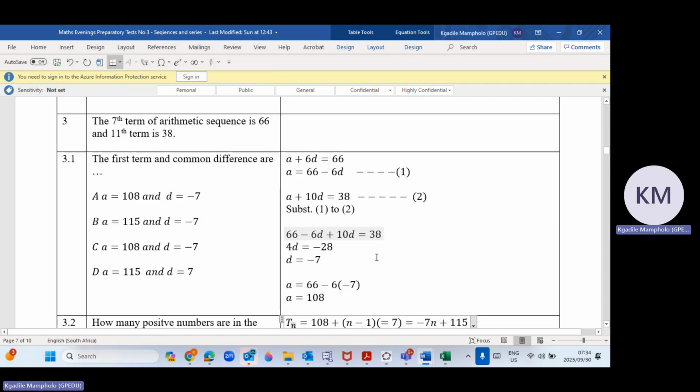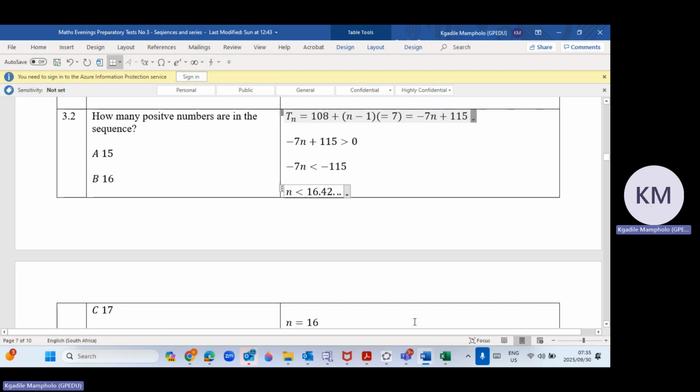Then you get 4d equals negative 28, so d will be negative 7. Then to get a, you can substitute into one of the equations. I think you find this one easy.